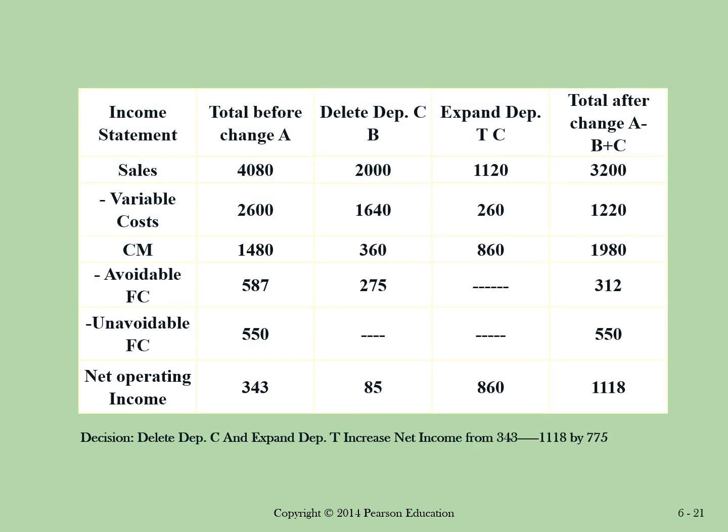You will start your own solution by preparing this schedule and providing the data or items given to you: sales minus variable costs lead to contribution, minus avoidable fixed cost, and then minus unavoidable fixed cost lead to net operating income.